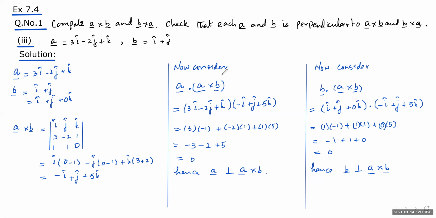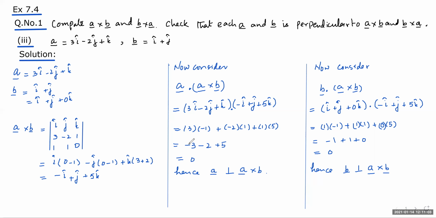Now consider A dot A cross B. Vector A is 3i minus 2j plus k. A cross B is minus i plus j plus 5k. Perform the dot product: coefficient of i into coefficient of i, that is 3 into minus 1, plus coefficient of j into coefficient of j, that is minus 2 into 1, then coefficient of k into coefficient of k, 1 into 5.